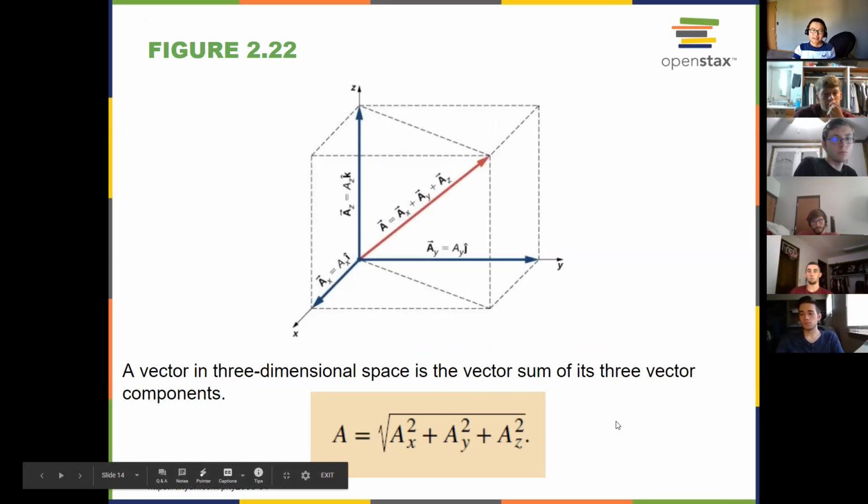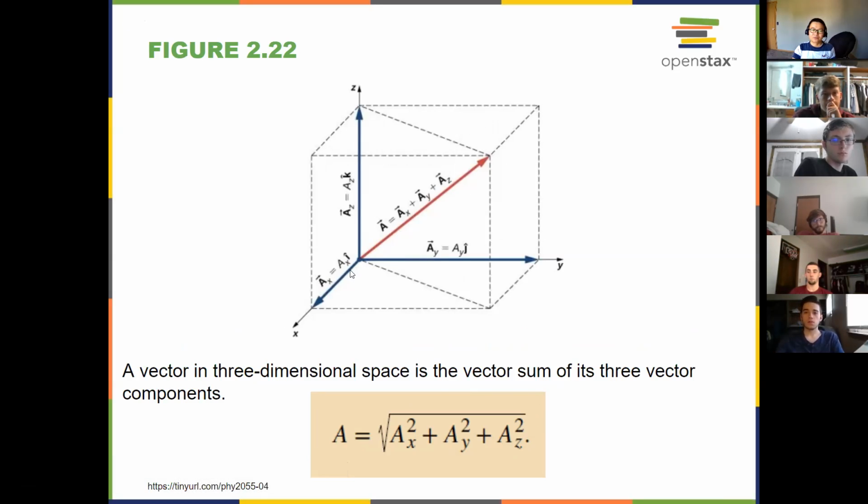The direction should be described by two angles, one in the xy plane with the x-axis, and one in the z plane. In this figure, it's the angle of this red line with this diagonal dashed line.